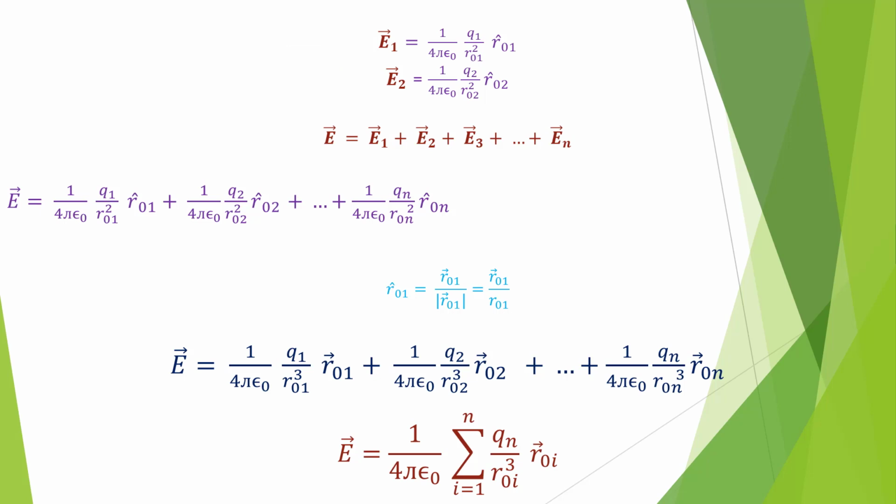In the same manner, electric field vector E2 at position r due to Q2 at R2 is vector E2 equals 1 upon 4 pi epsilon naught Q2 upon R naught 2 square R naught 2 cap.